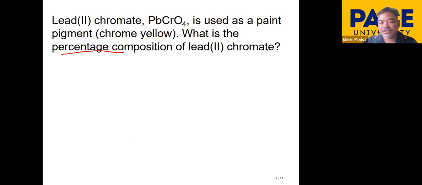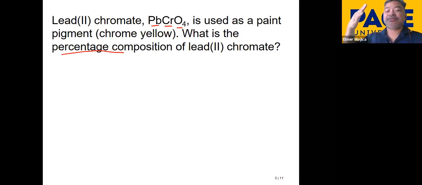So you have lead chromate used as a paint pigment. You are asked, what is the percentage composition of lead chromate? What does it mean? You have to determine how many percent lead, how many percent chromium, and how many percent oxygen you have in the lead chromate. This is just doing the molecular mass, formula mass, or molar mass determination.